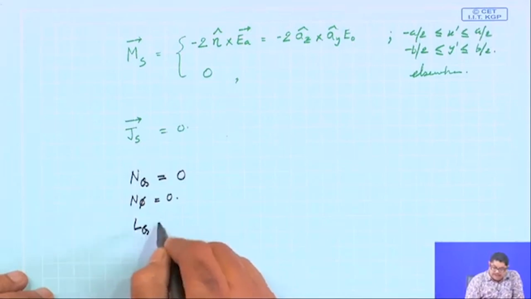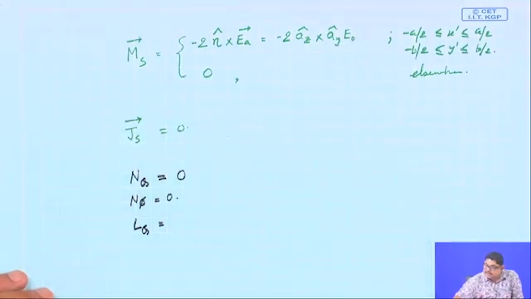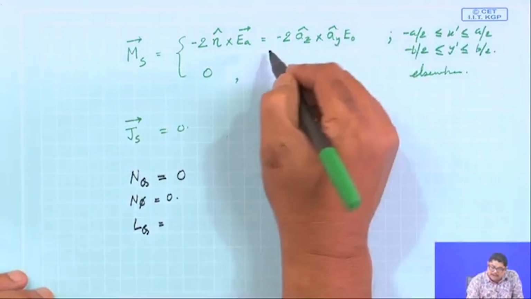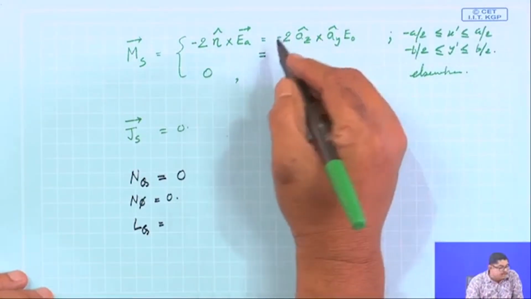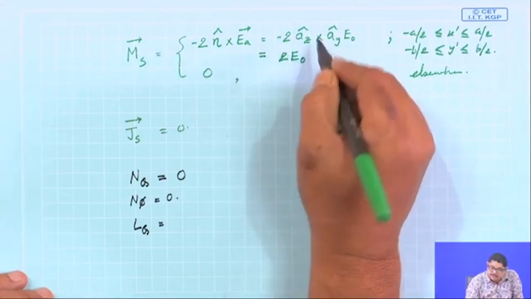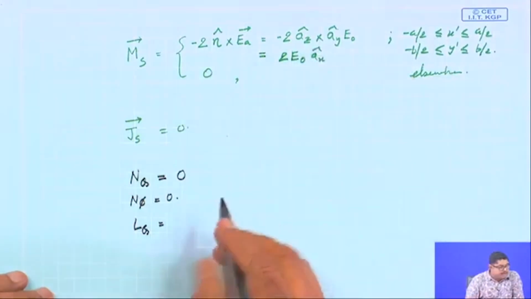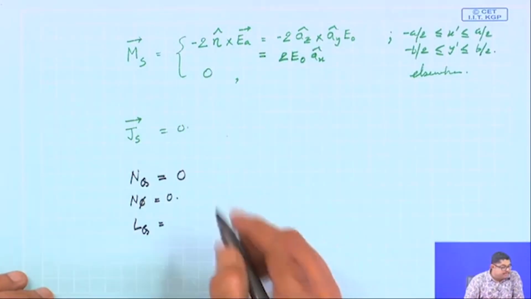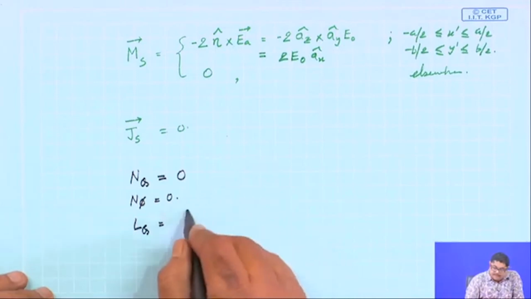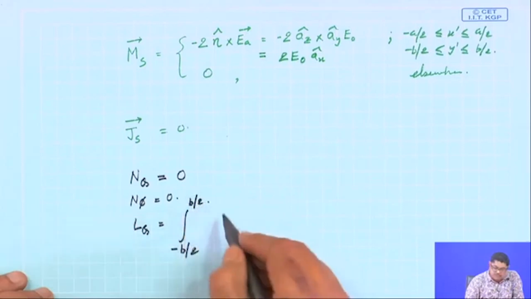Now, L theta, you see Ms is only having an x component, and that is nothing but 2 E naught A x. So, L theta will be, from minus b by 2 to plus b by 2.